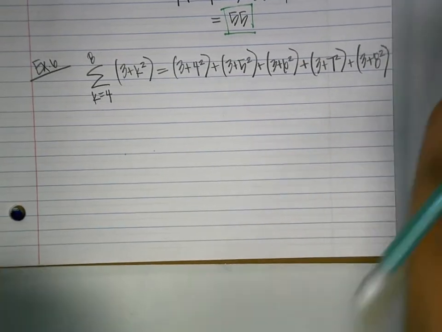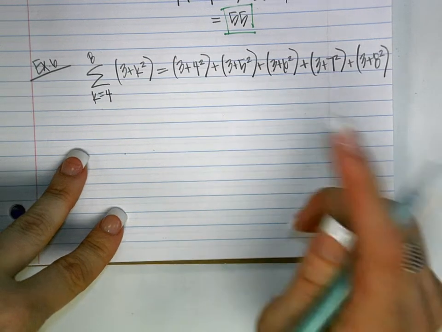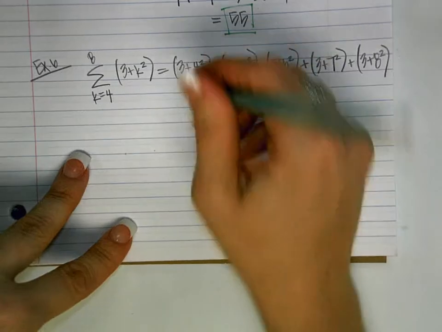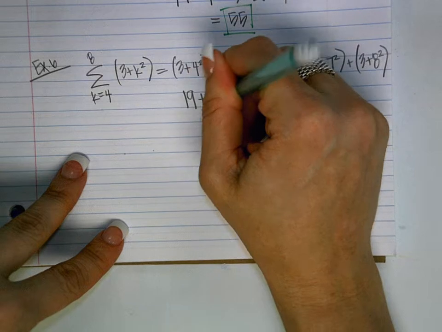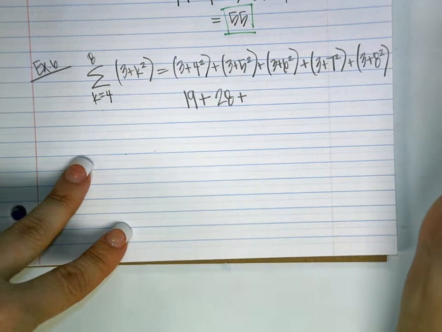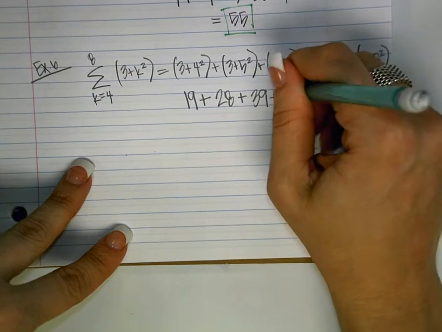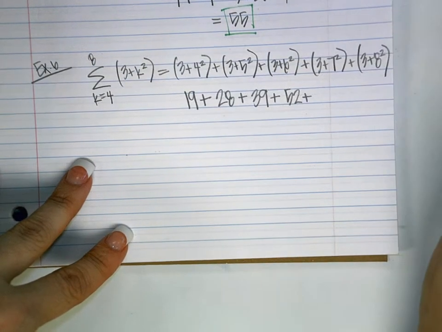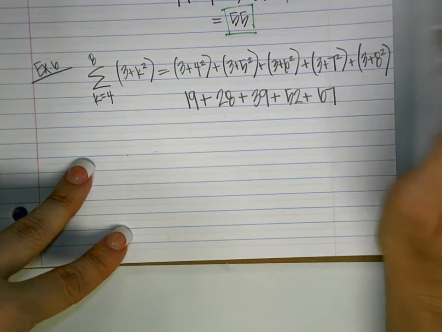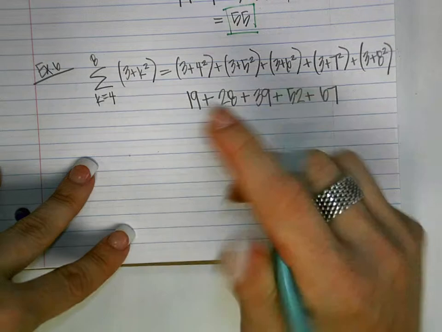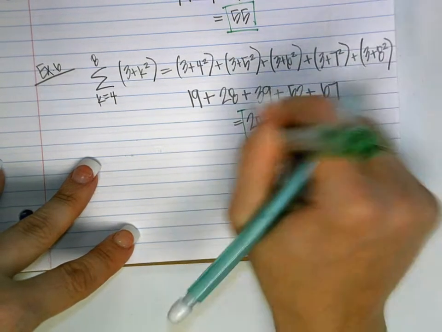Make sure you're doing order of operations correctly, so you have to do the square part first. So what's 3 plus 4 squared? 19. Plus 3 plus 5 squared, 28. 3 plus 6 squared, 39. 3 plus 7 squared, 52. And finally 3 plus 8 squared, 67. Add all those together and you should get an answer of 205. That's your answer, 205.